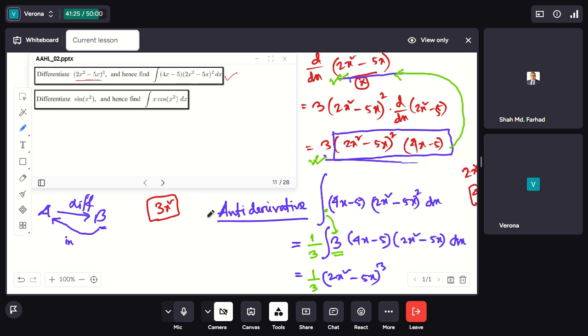Since we don't have 3 here, that's why we multiplied by 3 and then divided the term by 3, which is also multiplied by 1 by 3. So the result is the same here. Yeah, we can use substitution here also.